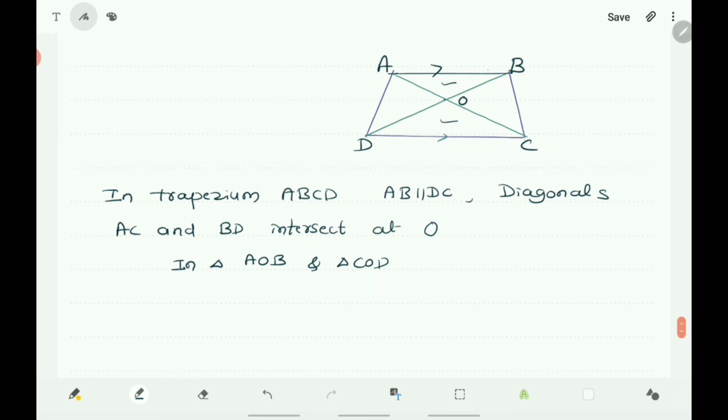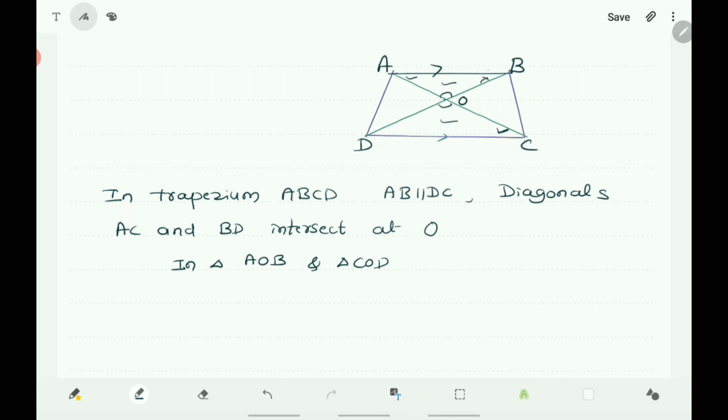And you know that angle O, that is angle AOB and angle DOC, are vertically opposite angles. They must be equal. And you know that angle A, that is angle BAO, must be equals to angle OCD, as they are alternate angles made by the transversal AC of parallel lines AB and DC.